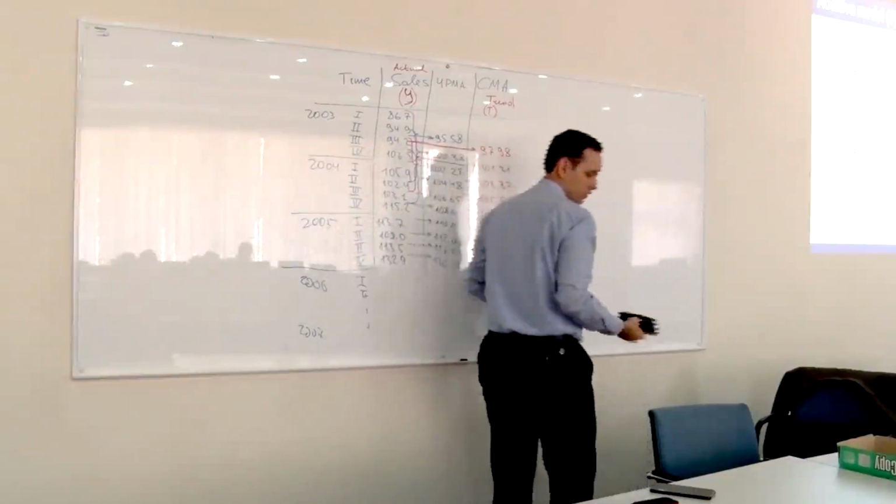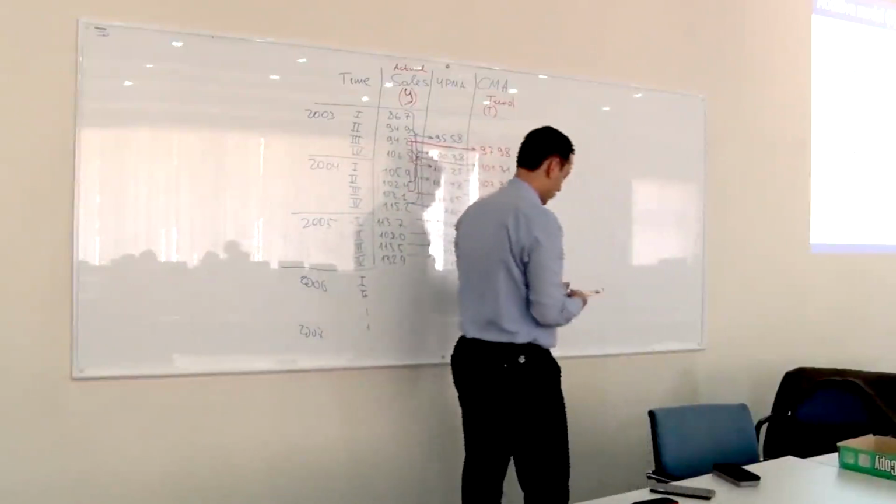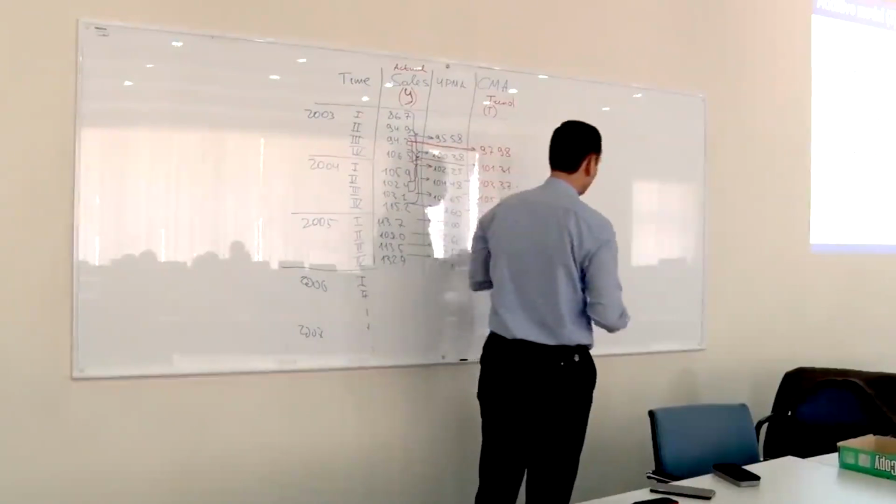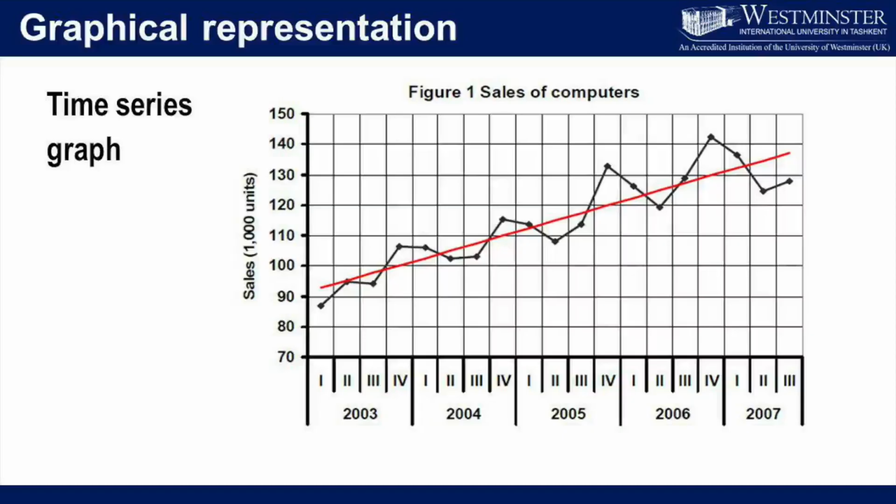Okay, here. So what you have to do is you have to make sure that all the years are included. You have all the years, that's 2003, 4, 5, 6, and 7.